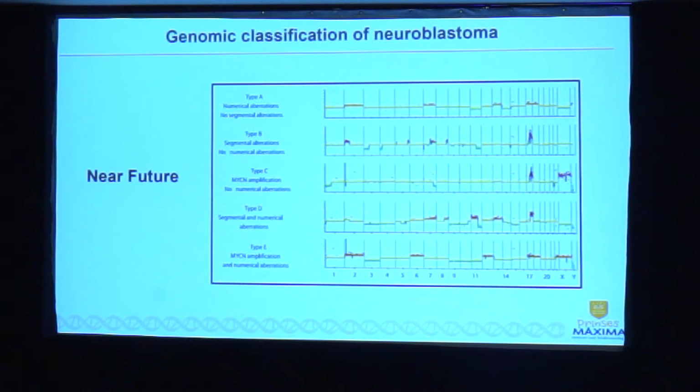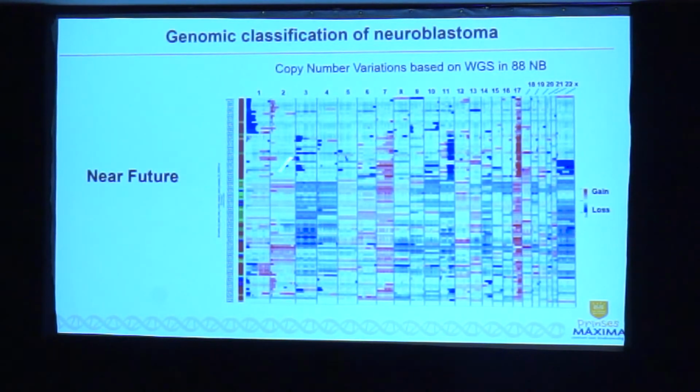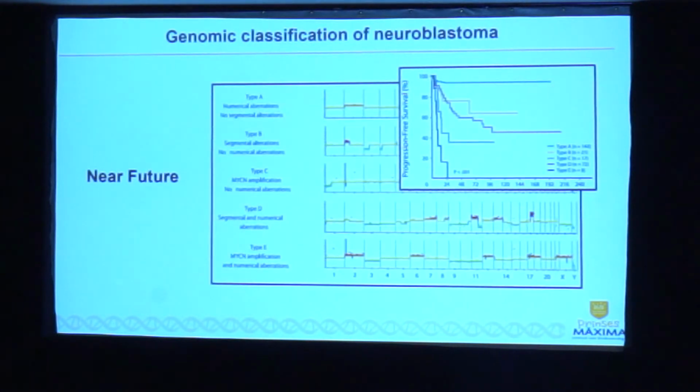And this is, of course, what you do see here as well. So these are the numerical aberrations. These are the segmental aberrations. And indeed, it looks as if this correlates with the pattern. So this will be used, because these groupings really correlate strongly to prognosis. And I think this could be incorporated in the classification system.